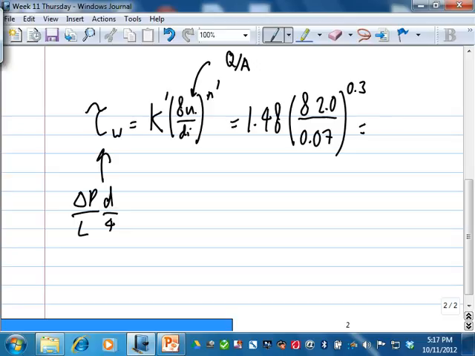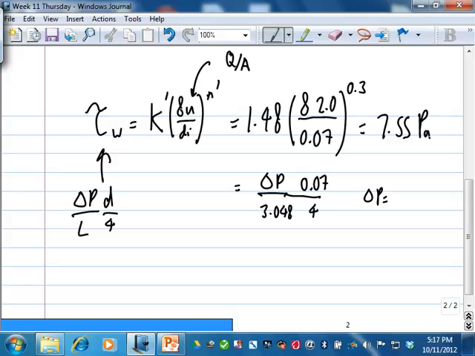And this is equal to delta P over, what's the length? 3.048. The diameter, 0.07 over 4. What is delta P? What's the answer here? 7.55. This will be in Pascal, shear stress being force per unit area.